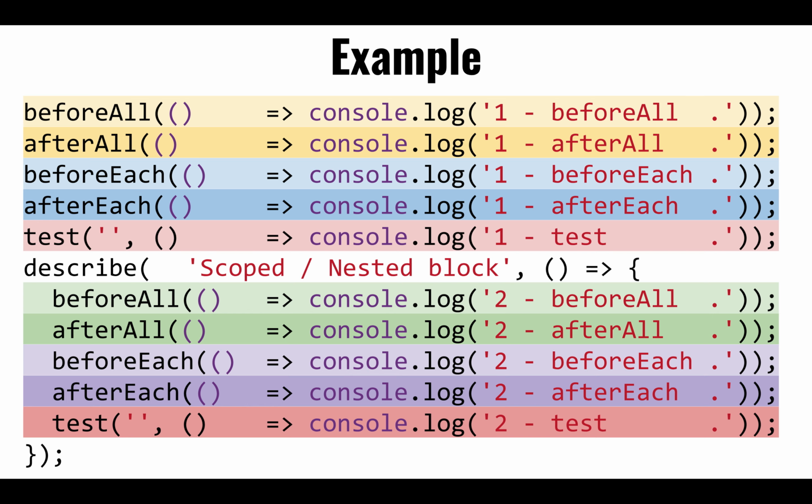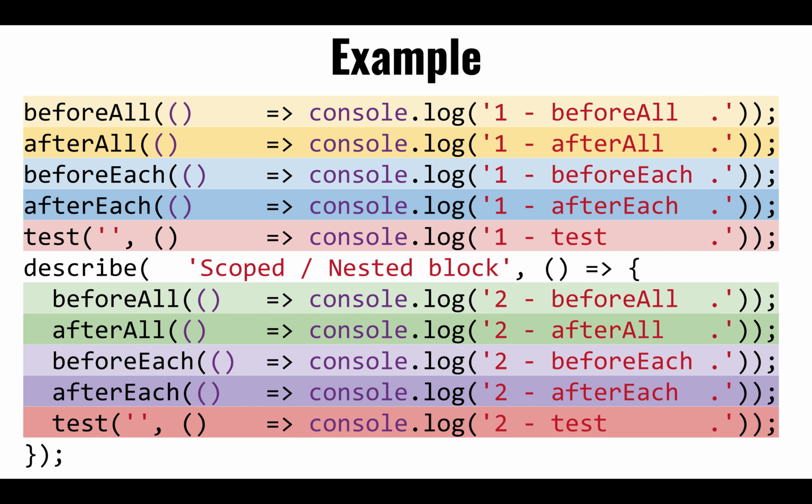And what about this before each? Before each literally means that it will execute before every single test, whether it's inside of the describe or outside of the describe. So for this particular test, the before each will run, and right after this test completes, the after each will run. And finally it gets to the describe.